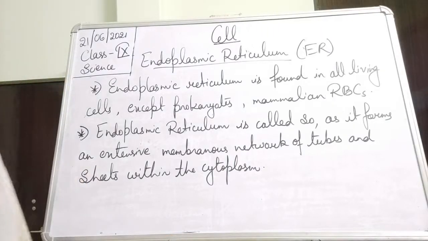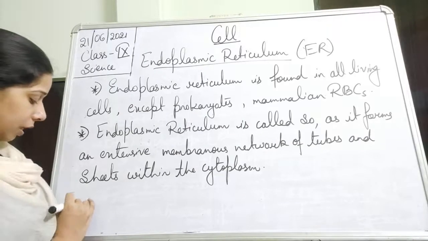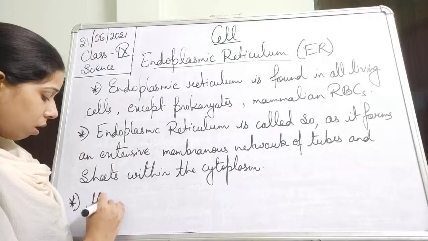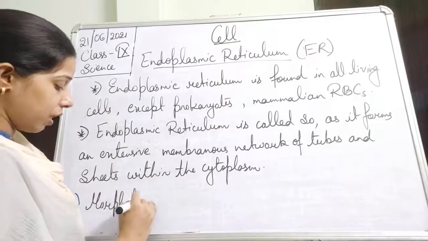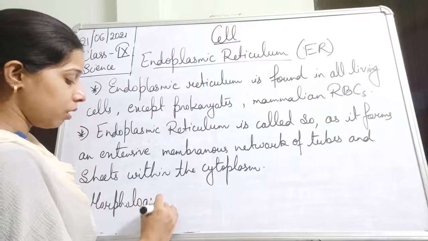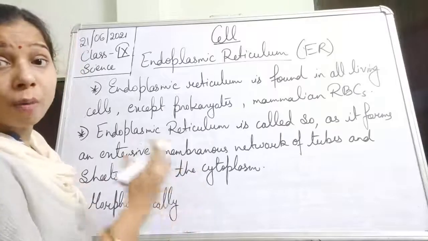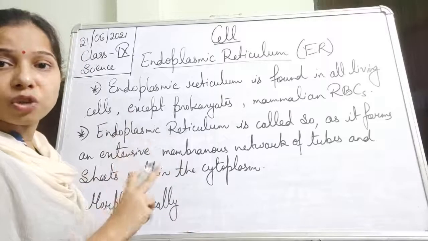Okay, now again we can write here that basically, or morphologically, it consists of three principal forms. Morphologically means what, students? When you look at it from outside, meaning its structure.